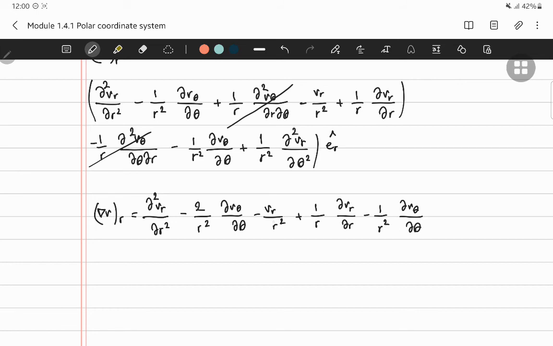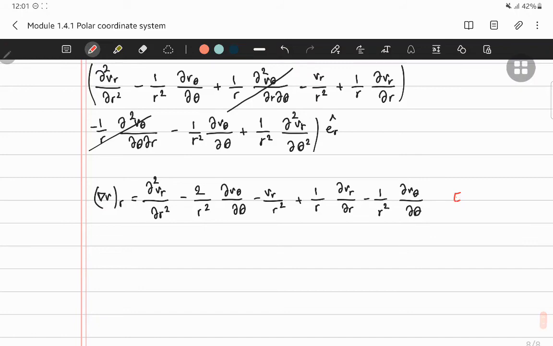So we have 1, 2, 3, 4, and 5 terms, while in the book, plus second partial derivative of VR with respect to z squared is also written, but this is not included, so it's just a typo.